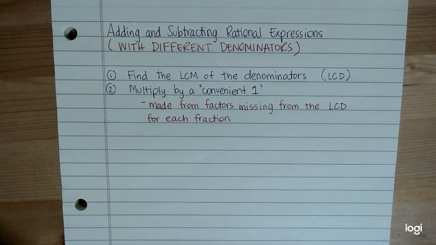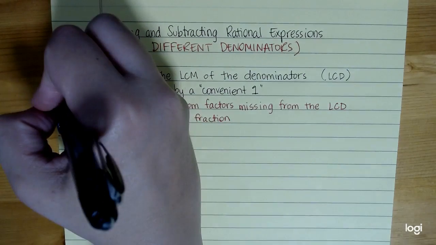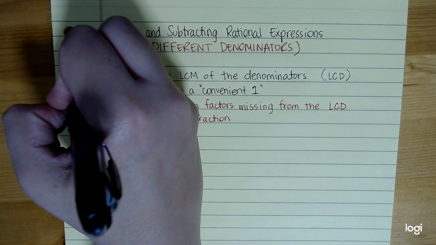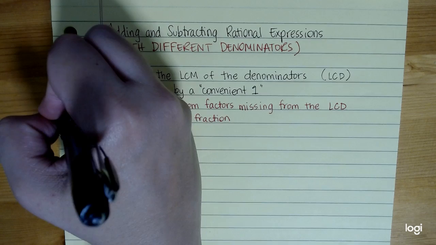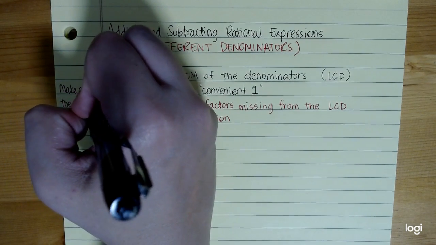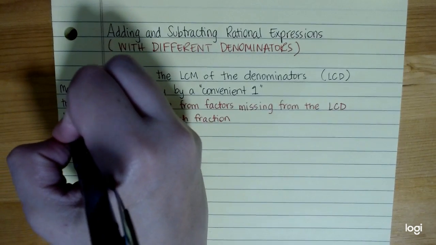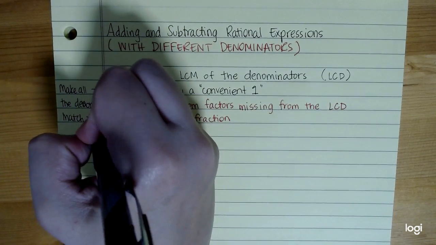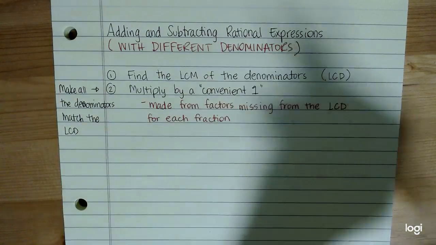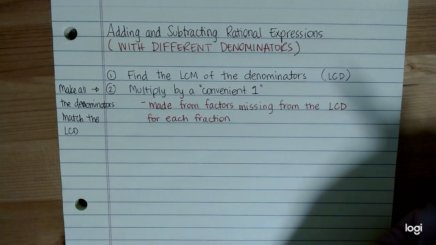What we're trying to do here with step number 2 is make all the denominators match the LCD, which is the least common multiple of the denominators, or the least common denominator. So we're going to make all the denominators match the LCD.